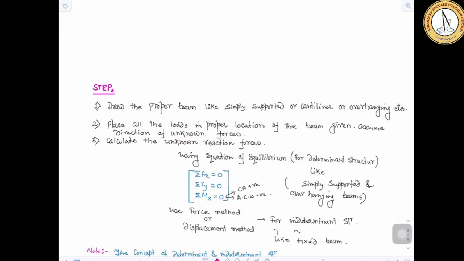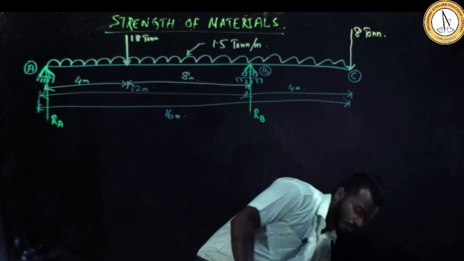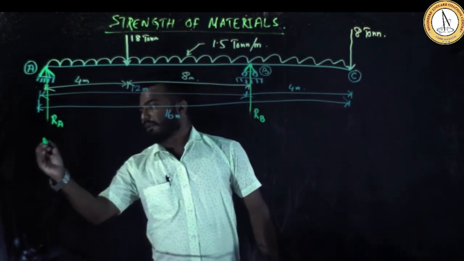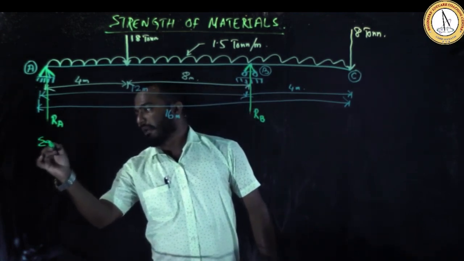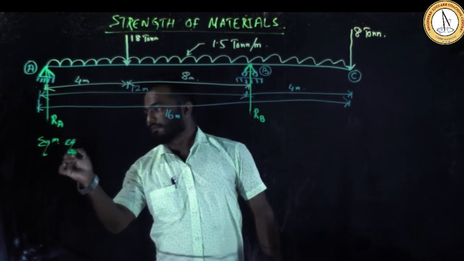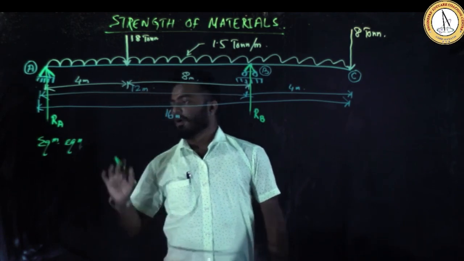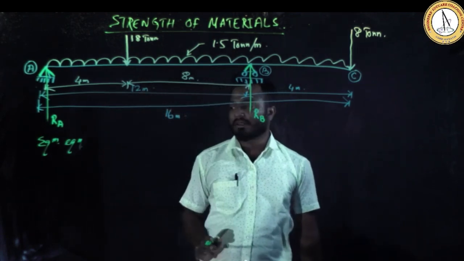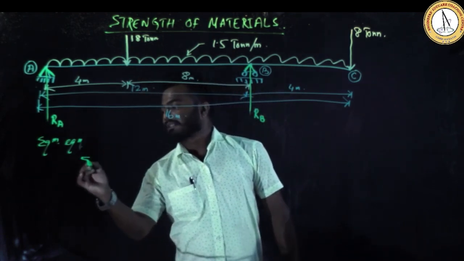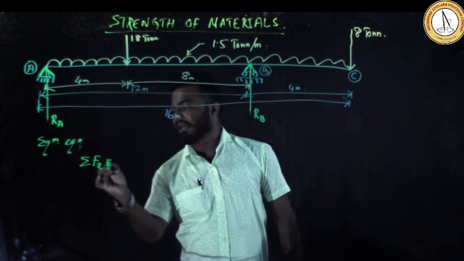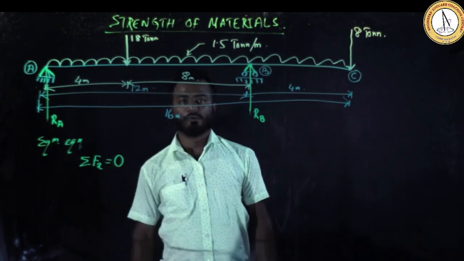Now what are determinate and indeterminate structures? Look at the board. For a determinate structure, we need to know the equilibrium equations, whether the body is in equilibrium or not. A body is in equilibrium when the sum of all the forces in the x direction resolves to 0.